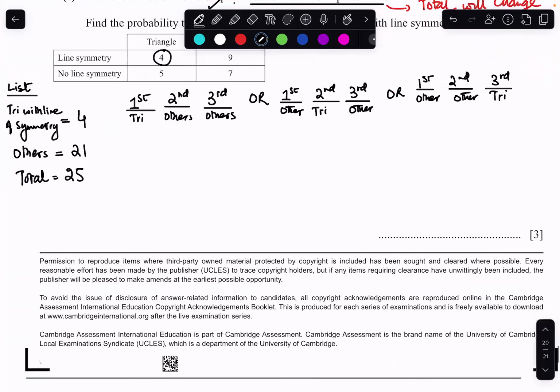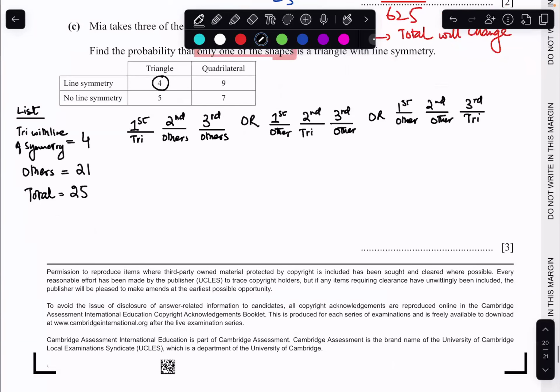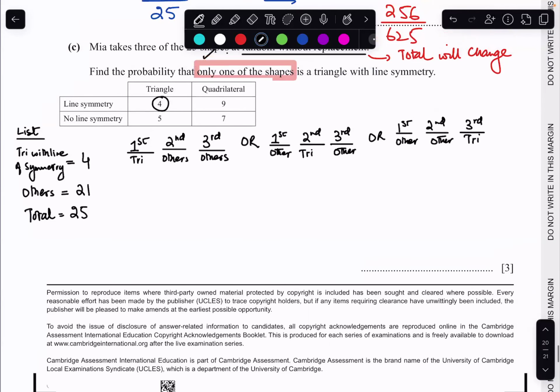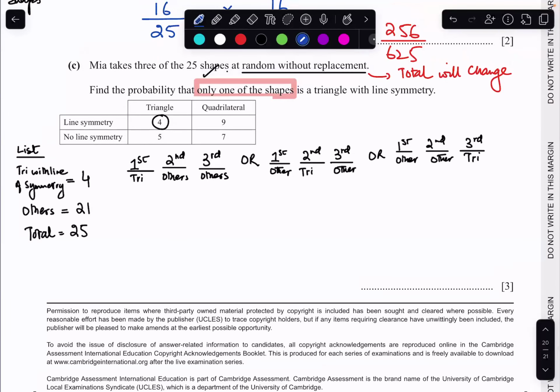So basically, with a bit of practice, you will figure out quickly what is happening here. First of all, what should be the first probability? It's a probability without replacement. Be careful. 4 by 25. Now, one of the triangles with line of symmetry is reduced, and one of the total is also reduced.